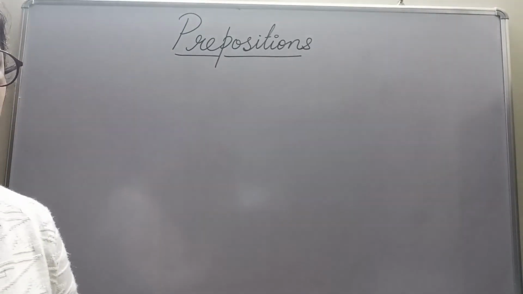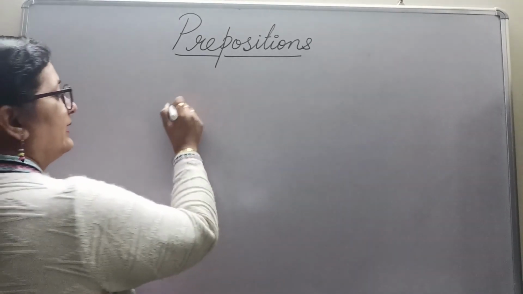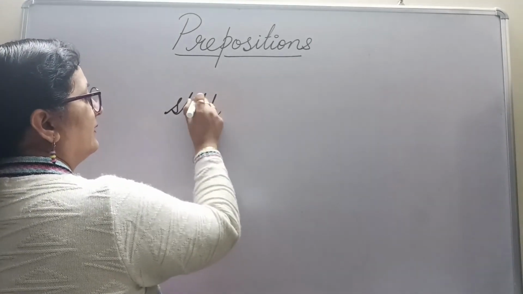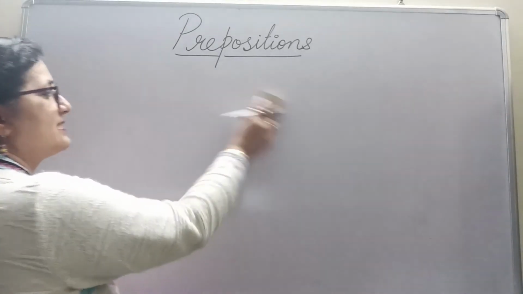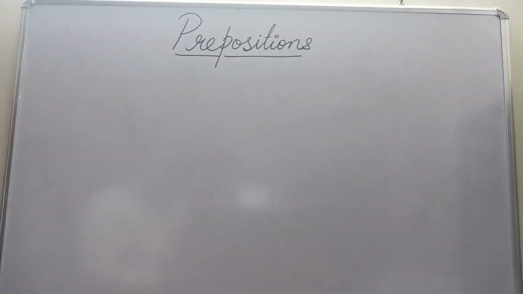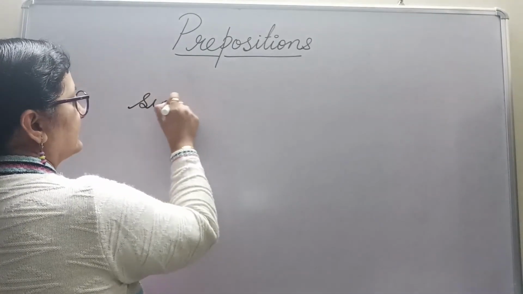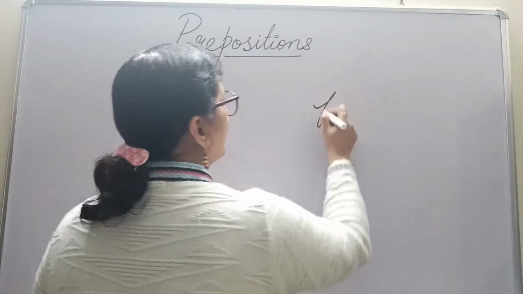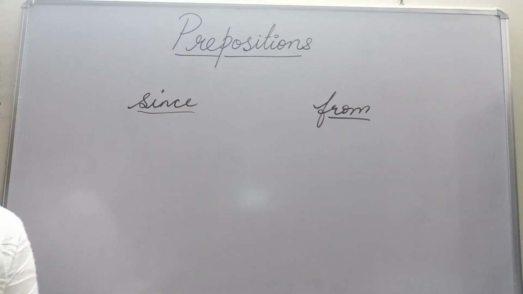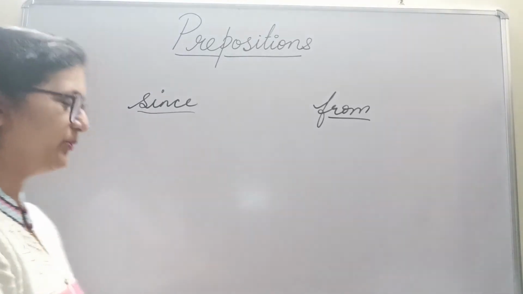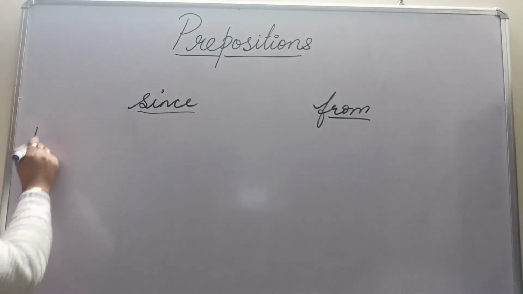Another common one which we come across is since and from. Since, and on the other end we have from. Another pictorial graph from my side to you all. There was a train.